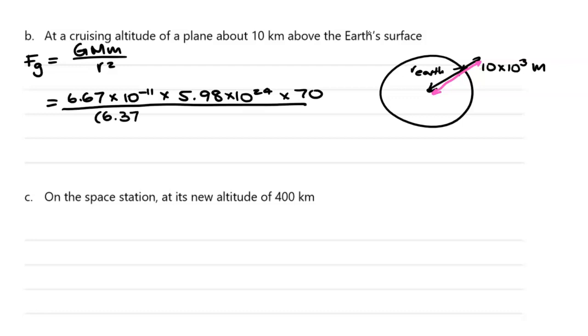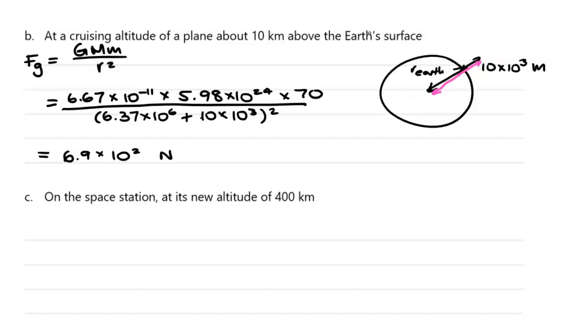So this is the radius of the Earth that we had before, and we're adding on that 10 times 10 to the 3. I haven't bothered to write that in proper scientific notation because we don't have to. Okay, popping all that into your calculator, you'll notice to 2 sig figs, you still get 6.9 times 10 to the 2 newtons. We're going to round all of these to 2 sig figs.